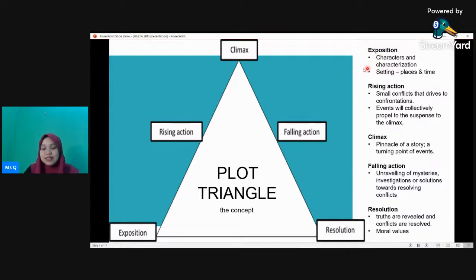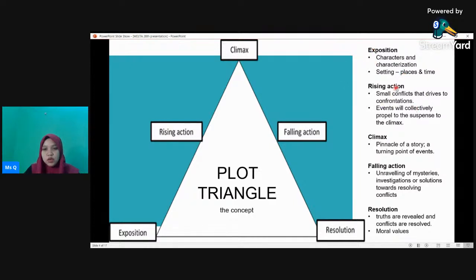Characterization could be their personality, the way they behave, the way they talk, etc. You can also describe their physical characteristics here. So exposition is very important in introducing characters and setting.